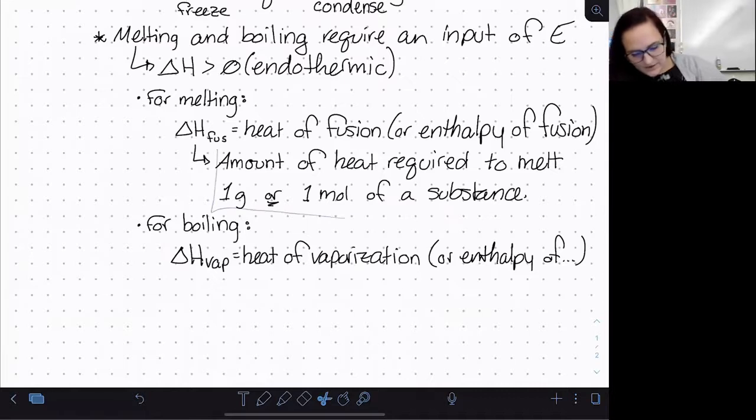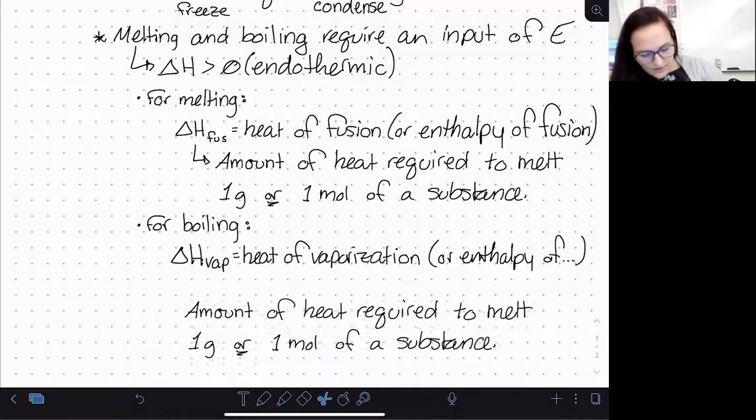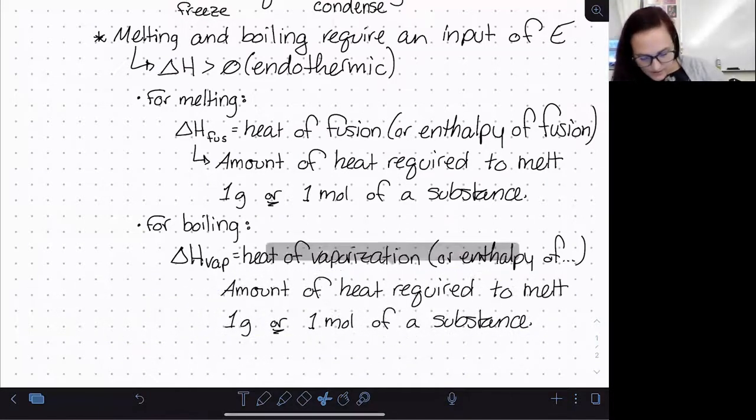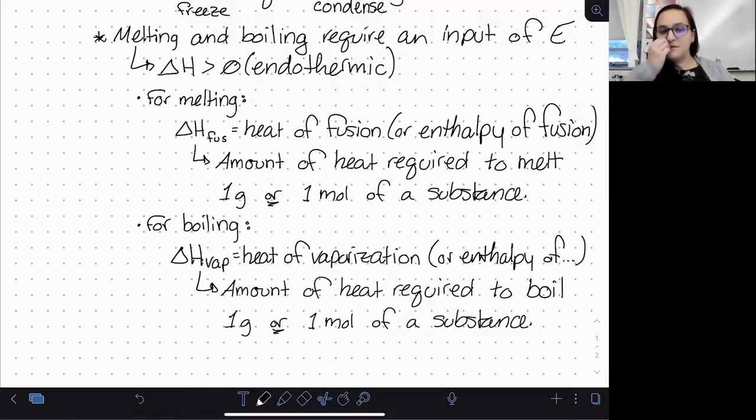Exact same definition, except we are boiling instead of melting. So it is the amount of heat required to boil 1 gram or 1 mole of a substance, depending on what unit it is given in.